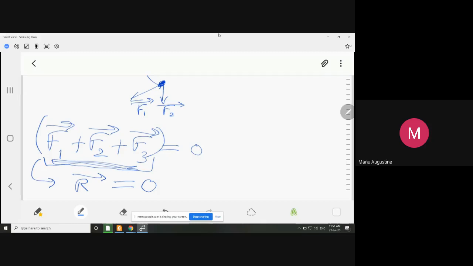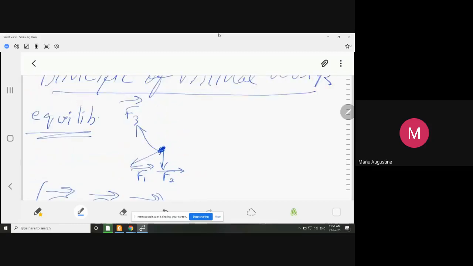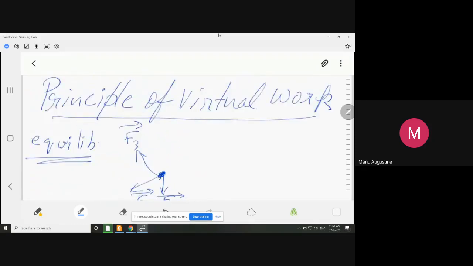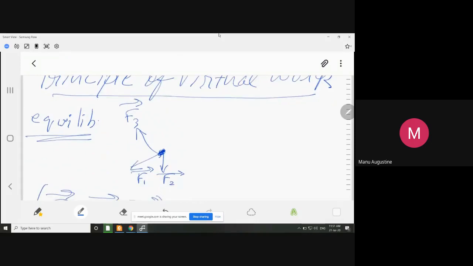Okay. Now what does the virtual work principle say? The first thing that the principle of virtual work says is the body must be in equilibrium. That is the primary condition. But even though it is in equilibrium, there are some forces acting on it.